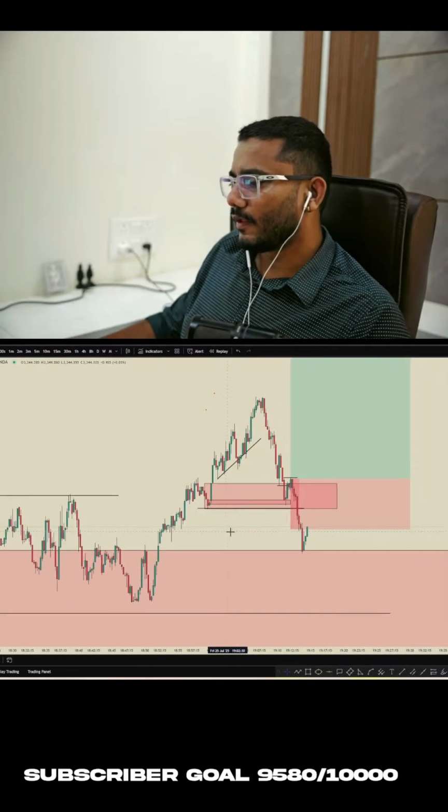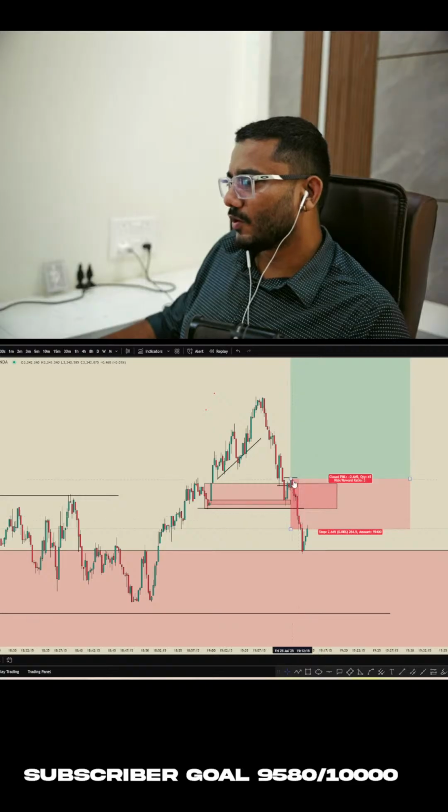But right now, as we can see, price closed below the structure.